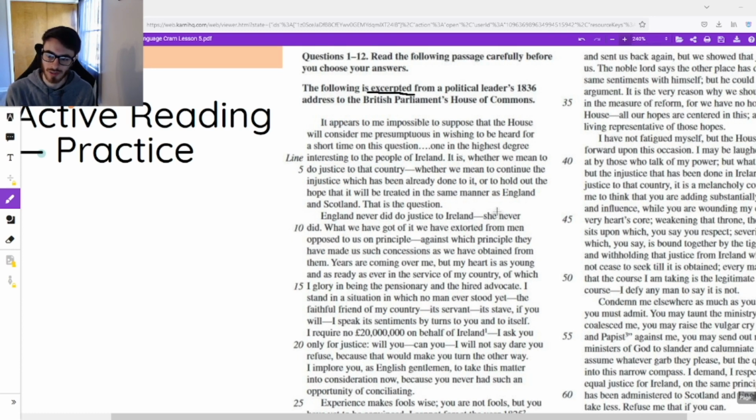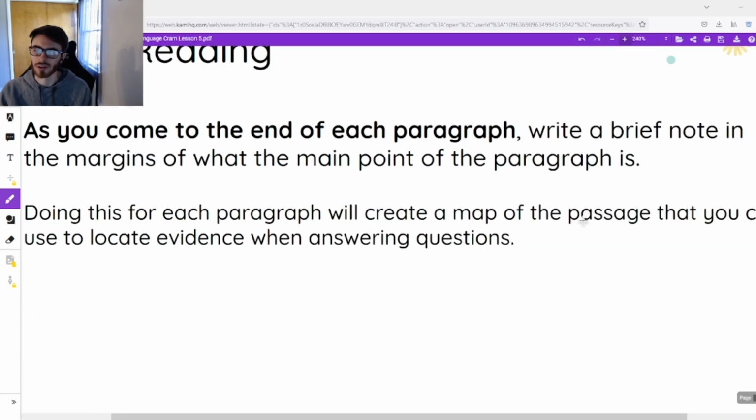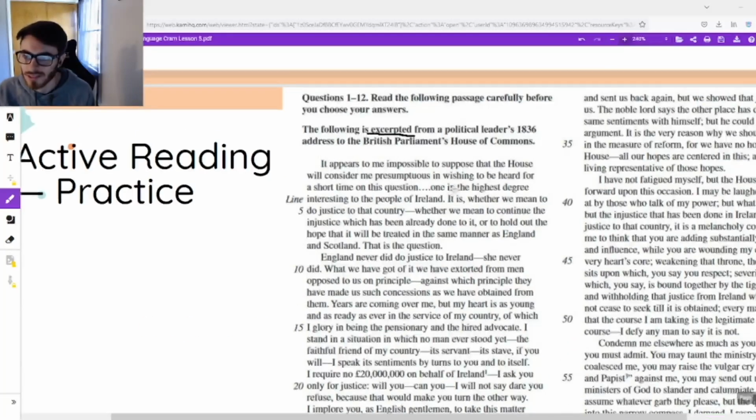That is the question. Okay, so as we were reading, we should be thinking about the main point, right? We don't necessarily need to think about how it relates to the previous stuff yet, because it's the first paragraph. But now we move on to that next step of writing down the brief note as we come to the end of each paragraph about what the main point is. So what is the main point here of this first paragraph?